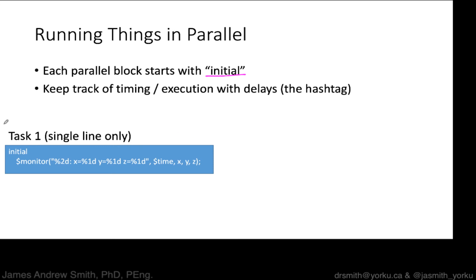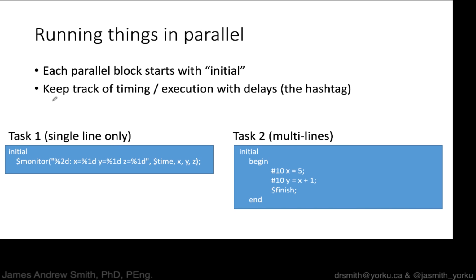One example that we talk about in the lab is having this monitor line that's equivalent to the display commands, and these will be running in parallel to the block of other commands that are actually in charge of making the circuit change. Okay, so this runs in parallel so that you can have constant, reliable updates to what's going on inside the circuit. All right, so for instance, you've got your task 1, which is the monitoring block, and then you've got task 2, which is really the system that you're testing. Okay.